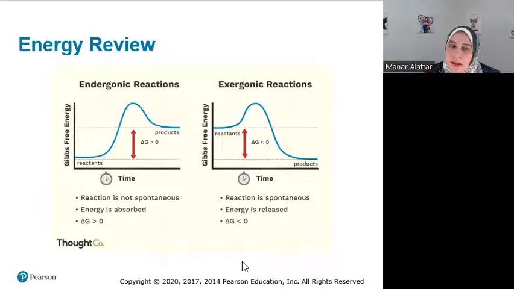Okay. You'll notice that each of these requires a little bit of activation. Even if we think of a downhill reaction, like a ball rolling down a hill, it requires a little bit of a push. And here, endergonic reactions require a lot of energy input. So keep that in mind, because we're going to get back to that in a second.